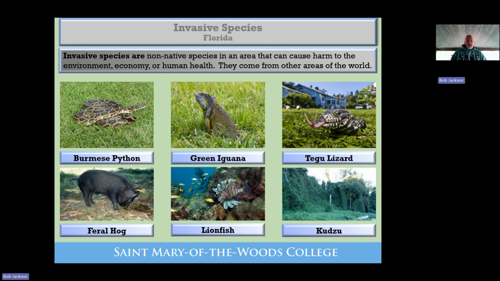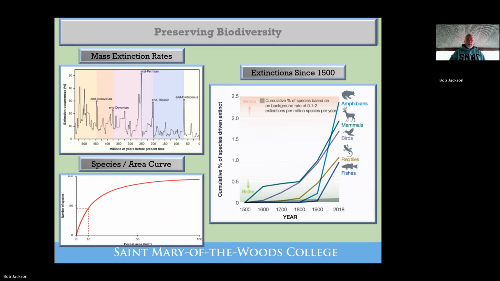And then in the waters, you've got your lionfish, and then plants, that's not only Florida, but all the way up into Kentucky, is the kudzu vine. It is very, very destructive to the woodlands. You can see it along the interstates. Okay, and then feral hogs are our big problem in not only Florida, but several southern states.